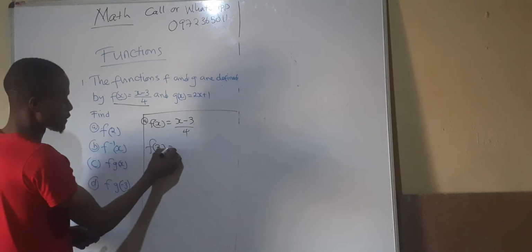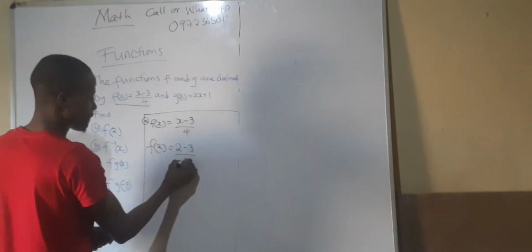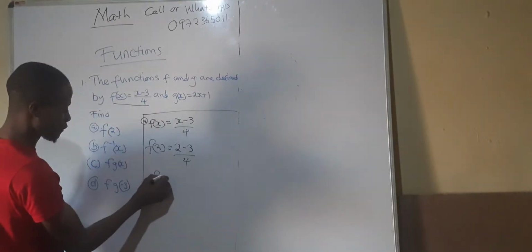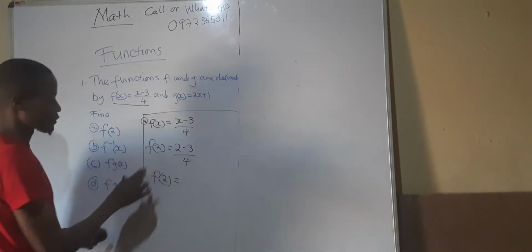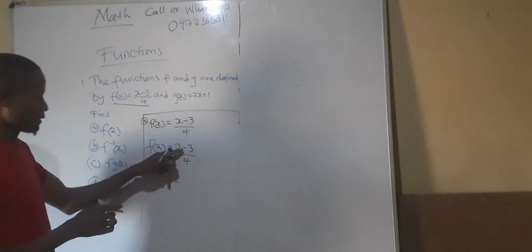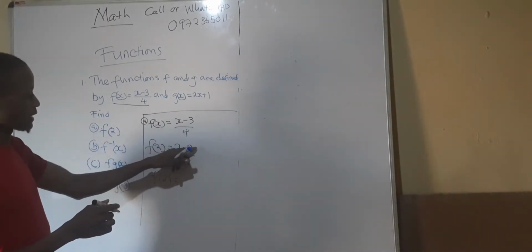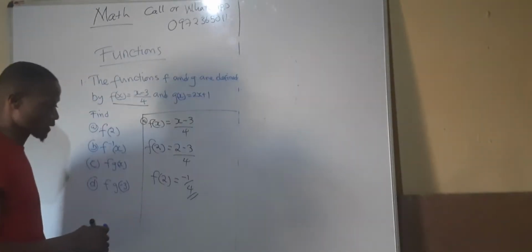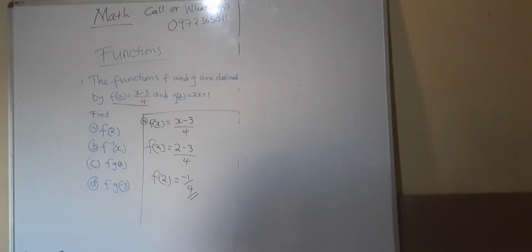So f of 2 is equal to 2 minus 3 over 4. 2 minus 3, different signs you subtract and take the sign of the bigger number, so that becomes negative 1 over 4. So f of 2 is equal to negative 1 over 4. Okay, that's the first question.